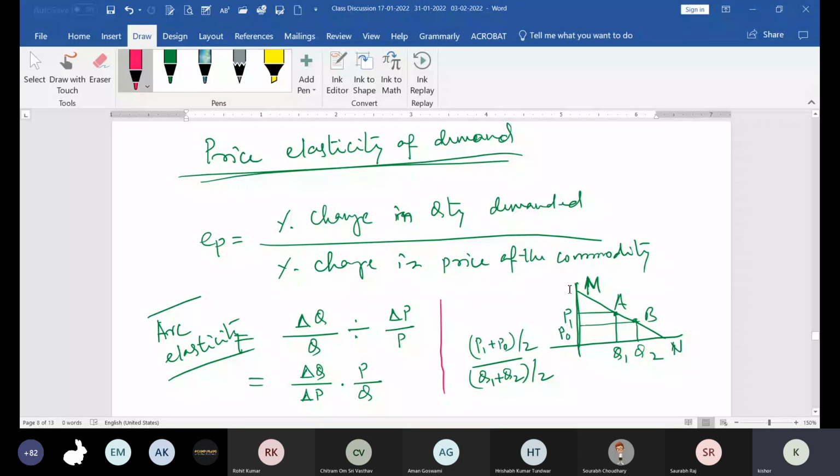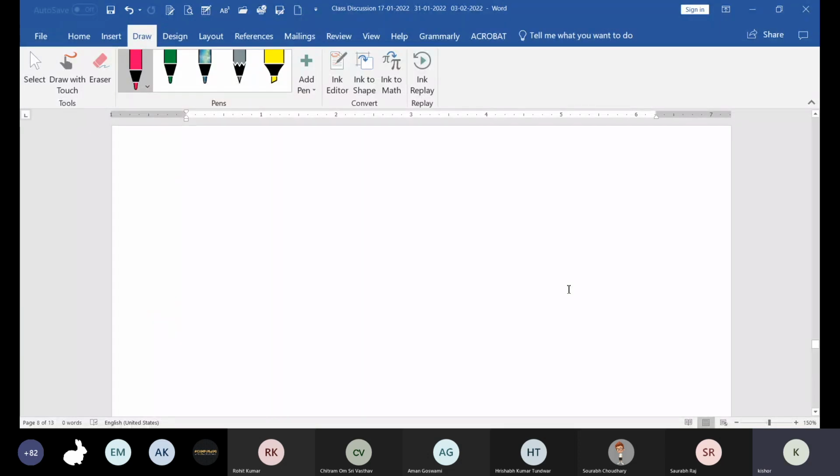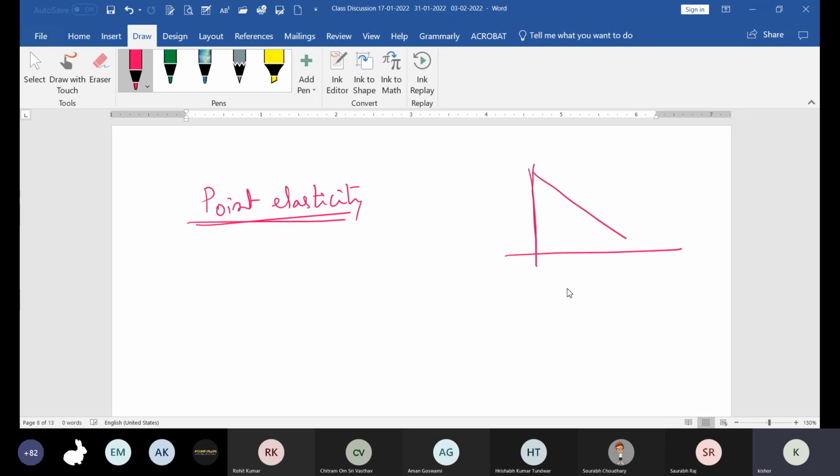So if that is your ultimate objective, why not go for measuring point elasticity of demand to avoid this problem? We usually put more emphasis on measuring point elasticity, because such a problem you will not face in case of point elasticity.